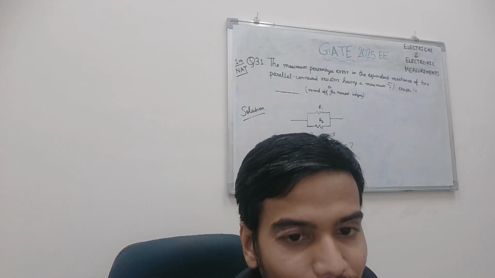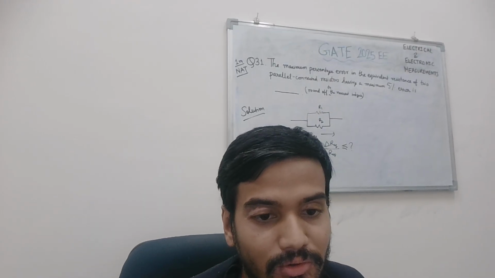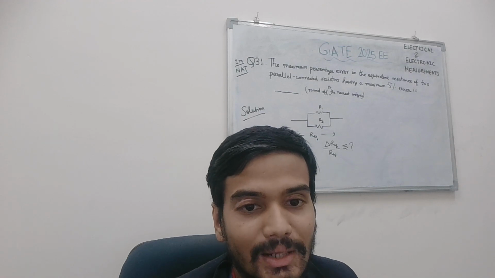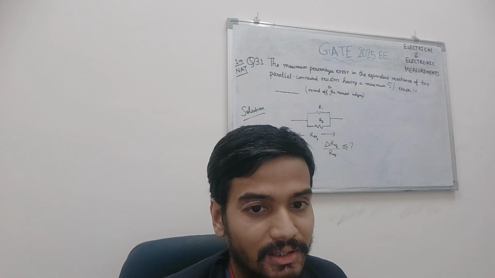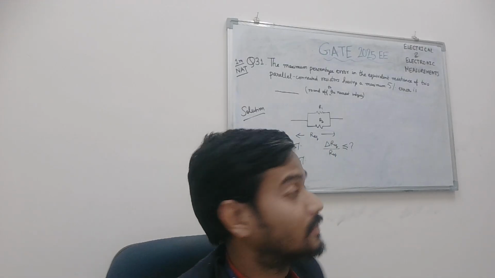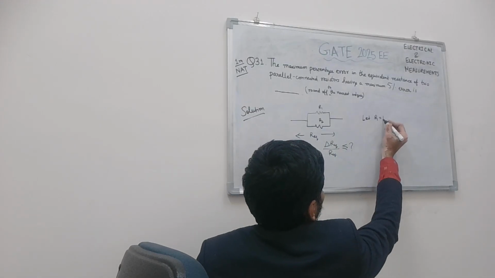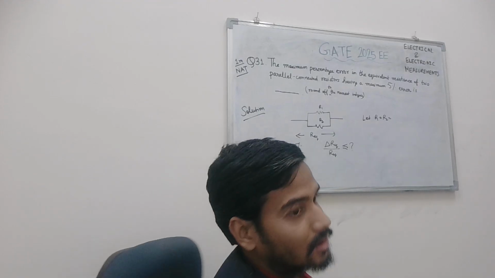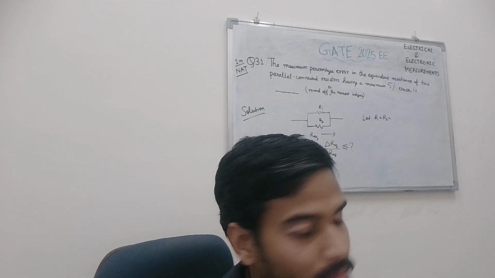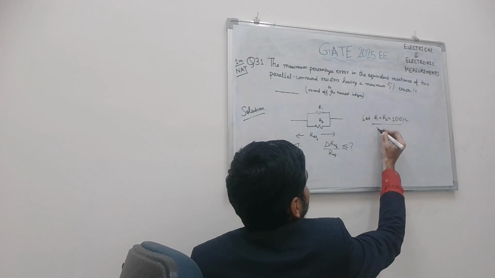So there is a traditional approach to solving this question, but I will not be discussing that. I will go with another approach which will be easier. Maximum 5% error, that means let initially the nominal value of both resistors be 100 ohms.